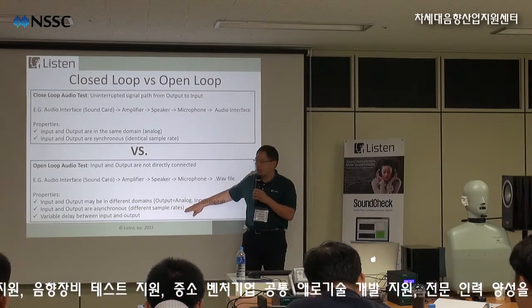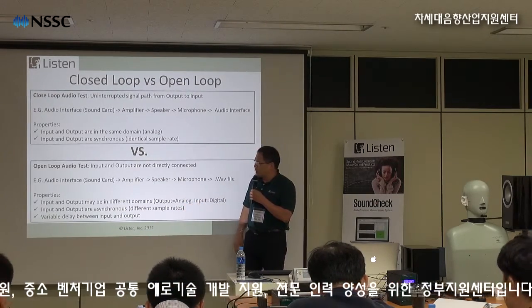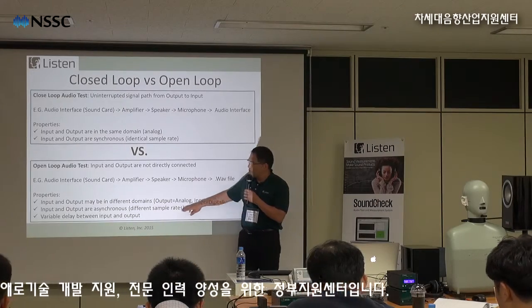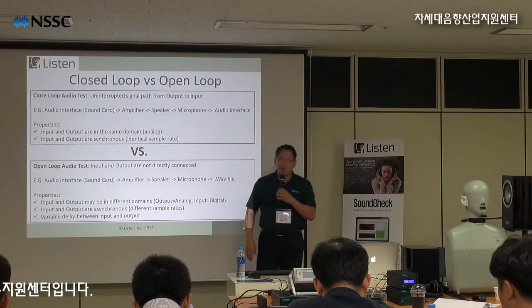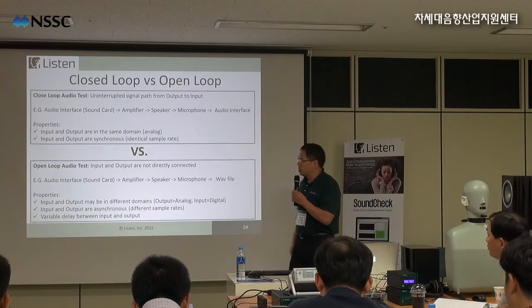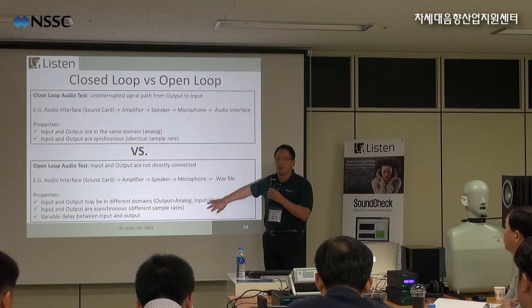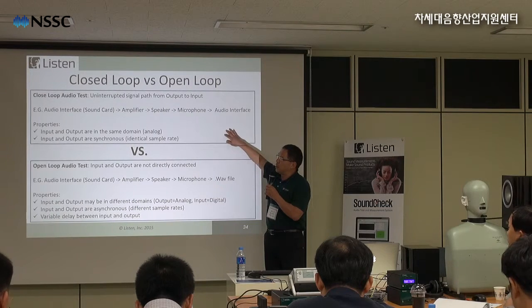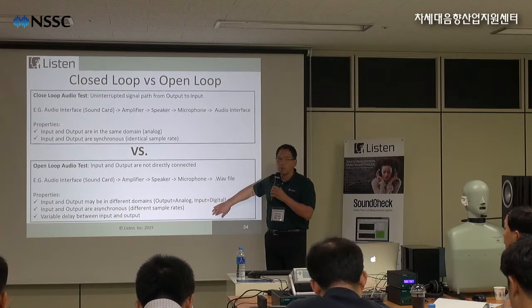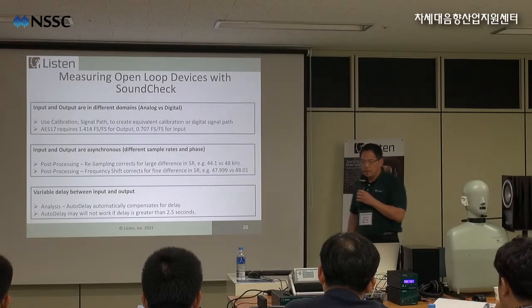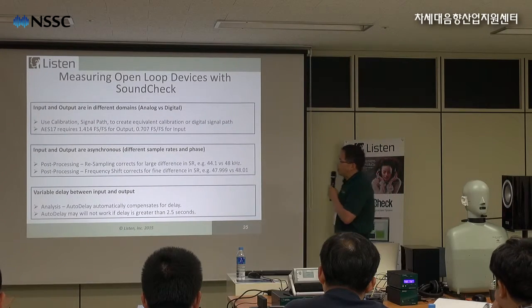So the sampling rates, the input and output are asynchronous, and also there's variable delay between input and output. So those are problems that we have to deal with that don't exist in closed loop, but are very common in open loop.